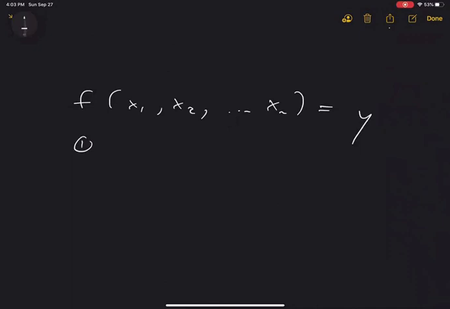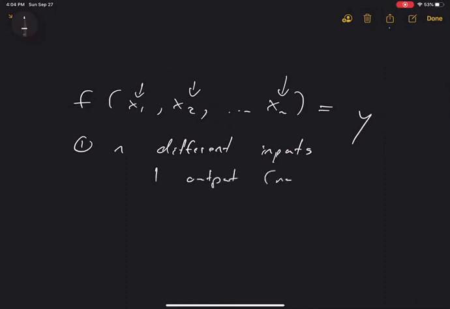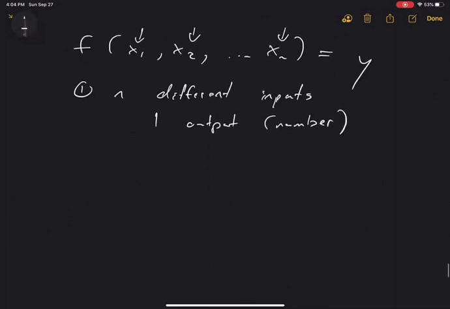You could think about this as a function having n different inputs. Each of these is a number. You have n different numbers, and you plug them into this function, and you get one output, which is just a number. That's one way to think about it.